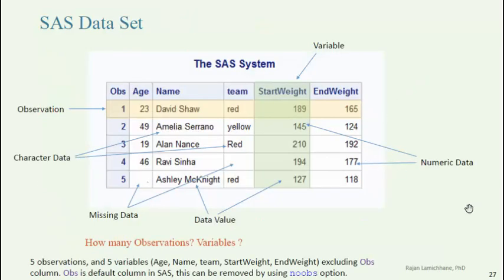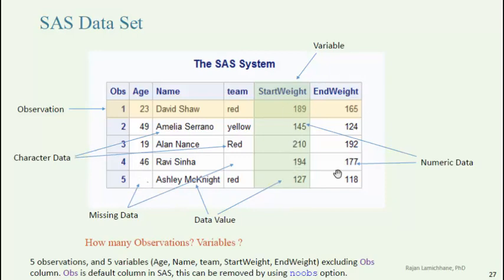Now let's discuss this description portion here. Each row is an observation, each column is a variable. Character data are those which cannot be added or subtracted, and they contain characters. For example, name: you cannot add 2 names. And there is another type of variable called a numerical variable.